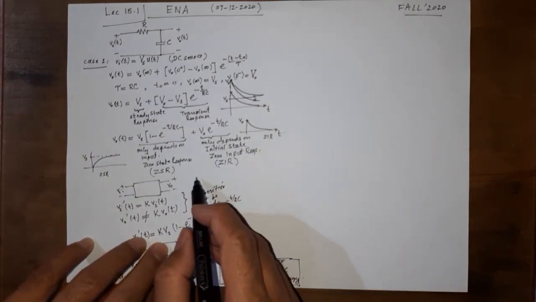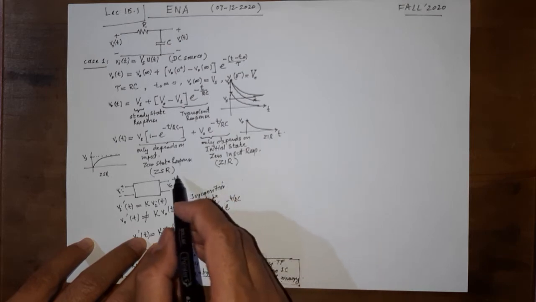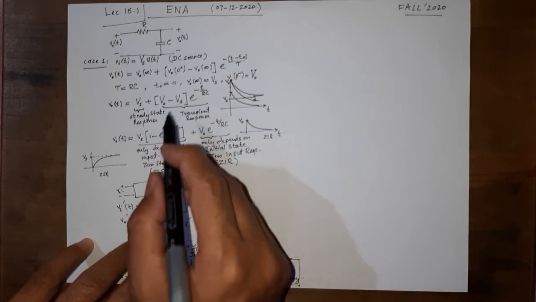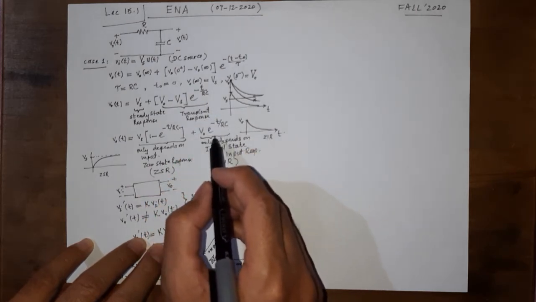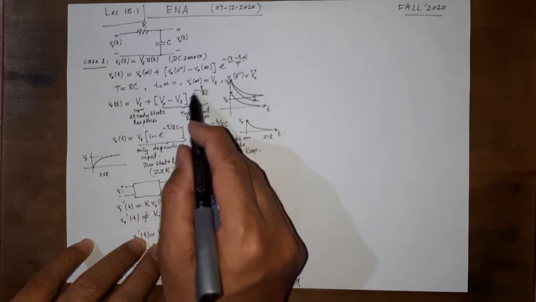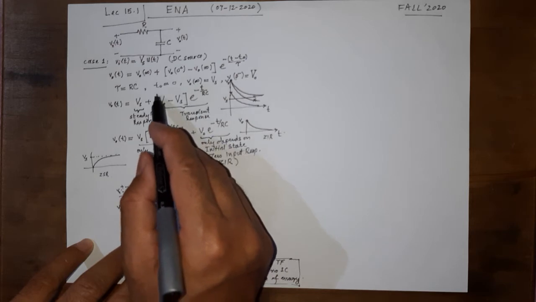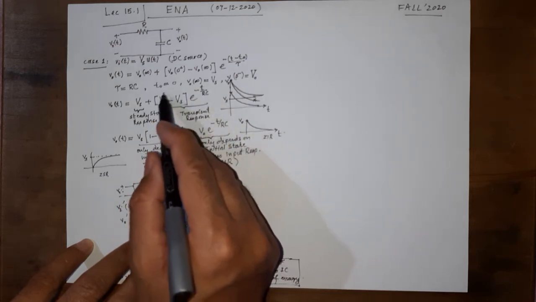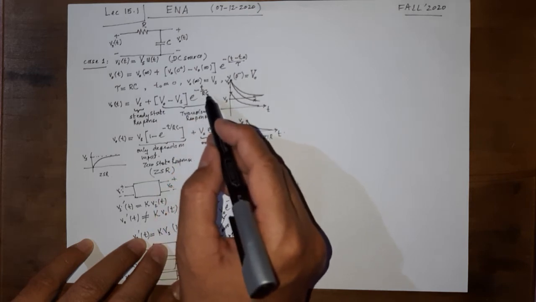So we cannot write a single expression to identify the natural response and the forced response. Why? Because if you see, this is a natural response. It has the nature of the circuit in here, but it also has in here as well. So basically, this whole part somehow includes the natural response of the circuit.